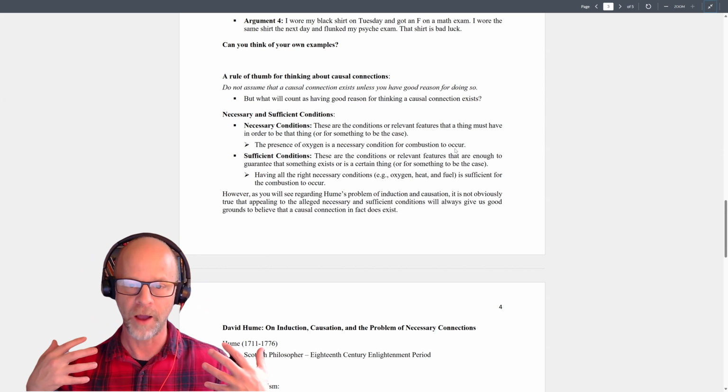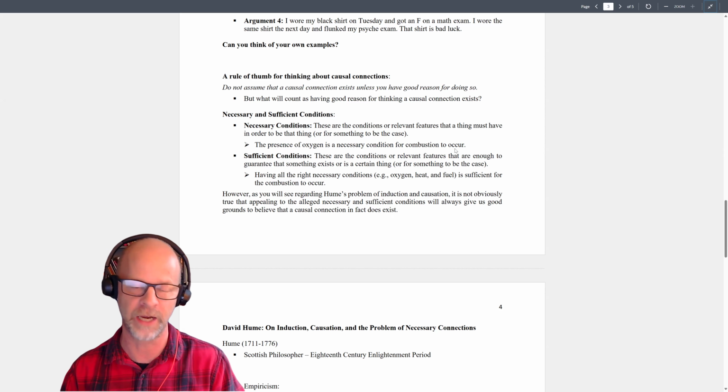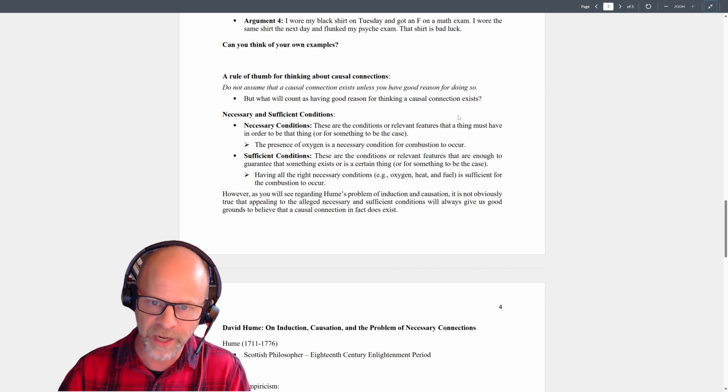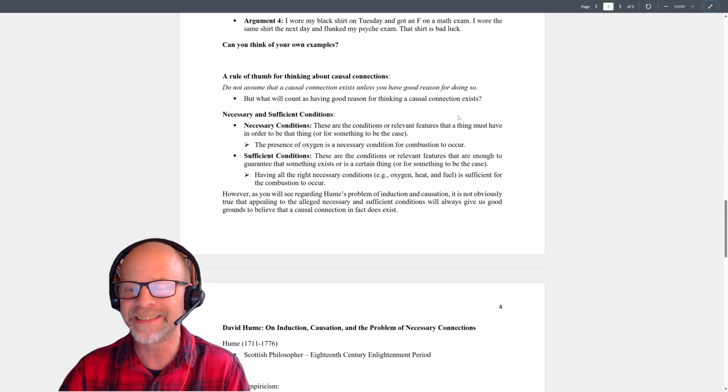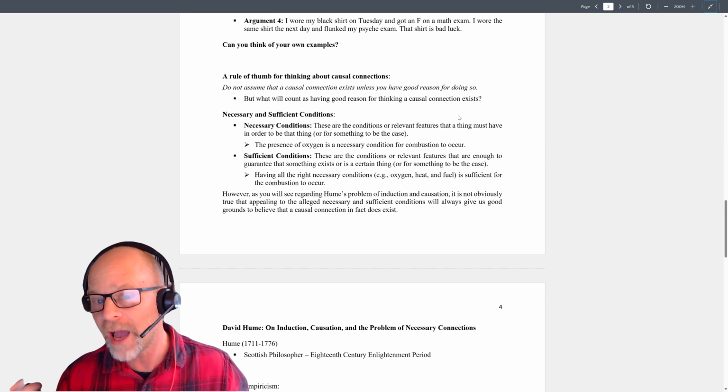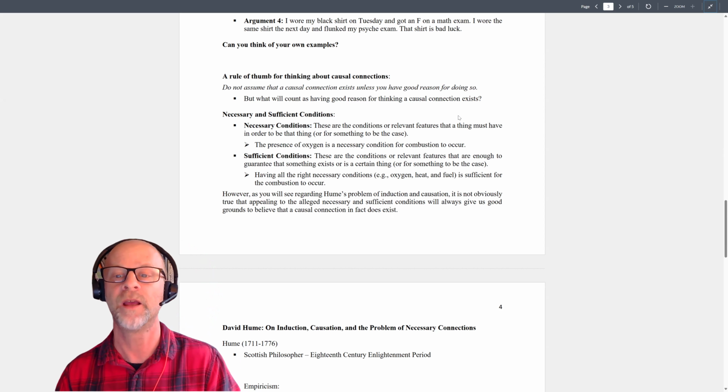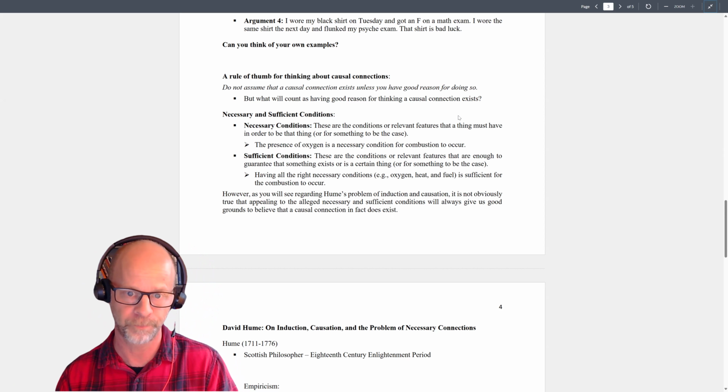That's a necessary part of getting the coffee. Or the example that I've given here on the handout says the presence of oxygen is a necessary condition for combustion to occur. If you don't have oxygen, if that's absent, then combustion is never going to occur.